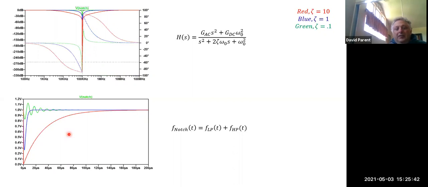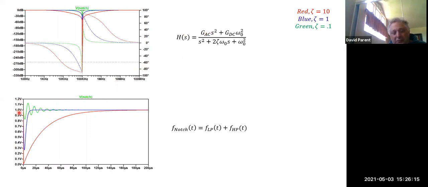There are some things I can get. Once I recognize this is a notch, and it goes to 1 for a 1 volt step, that means the DC gain is 1. And notice how in this one, it goes up to 1. That's indicating that the gain for the high pass is 1 as well.